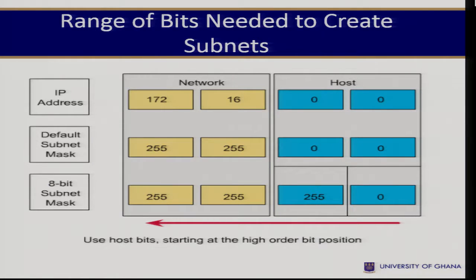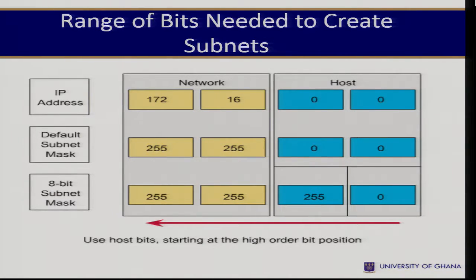The default subnet mask will be 255.255.0.0. Then the 8-bit subnet, because we've borrowed 8 bits from the host part, that also turns into all ones. This then becomes your 8-bit subnet mask, which you use for finding the network address.